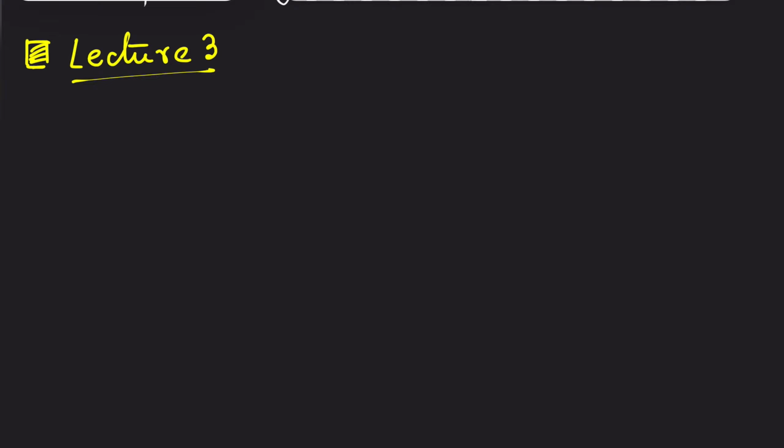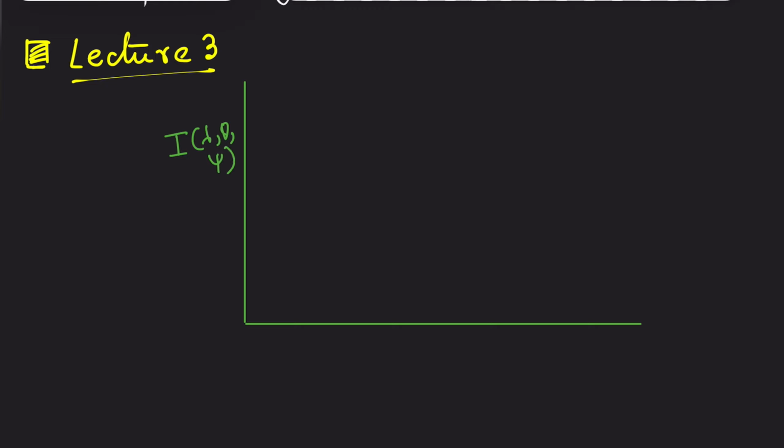To show that, I draw a graph of I lambda, which is a function of lambda, theta, psi, everything, that is the radiation intensity versus lambda. This graph I am drawing for a black body, clear?